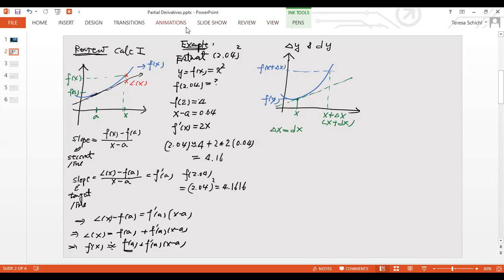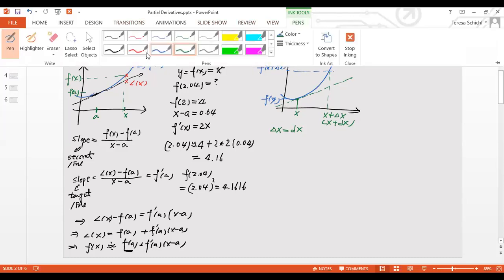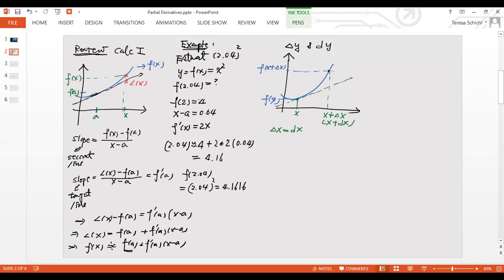The difference between this point and this point, this line here, is what we call delta y, the true difference if you plug into your function. So delta y is the true difference, which is f of x plus delta x minus f of x.